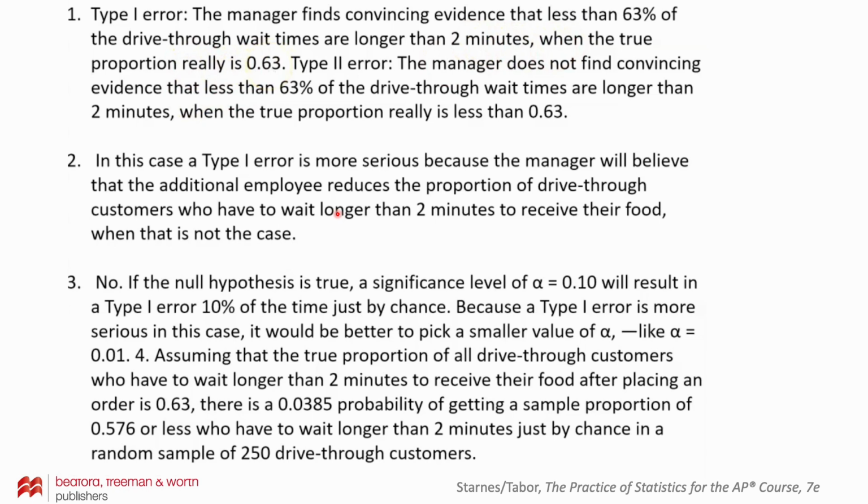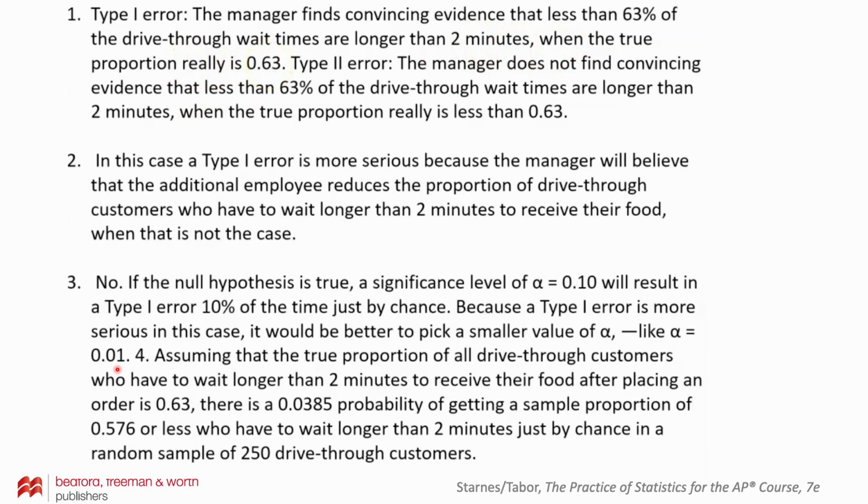In question 3, the answer is no. If the null hypothesis is true, a significance level of 0.10 will result in a type 1 error 10% of the time just by chance. Because a type 1 error is more serious in this case, it would be better to pick a smaller alpha, like 0.01, or 1%.